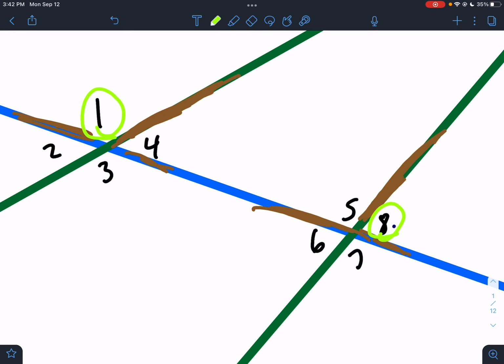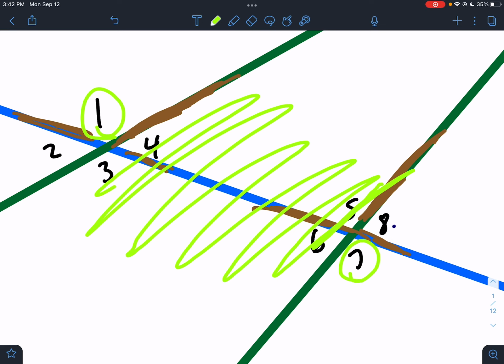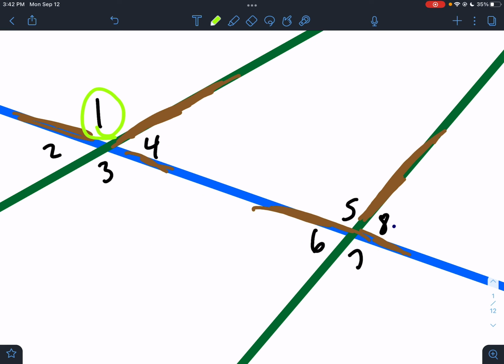They're on the same side, so same side exterior. 1 and 7, again, they're both on the outside, but this time they're alternating. They cross the transversal. So we have a name for same side exterior, a name for same side interior, alternating exterior, and then corresponding means same side, 1 in, 1 out.